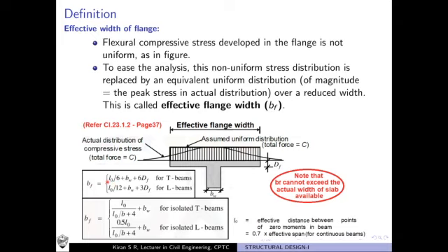equal to L0 by 6 plus Bw plus 6Df for T beams, while it is L0 by 12 plus Bw plus 3Df for L beams. What is L0? L0 is nothing but the effective distance between the points of zero moments in a beam.